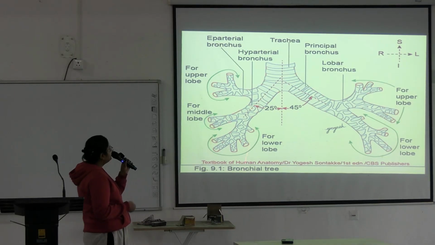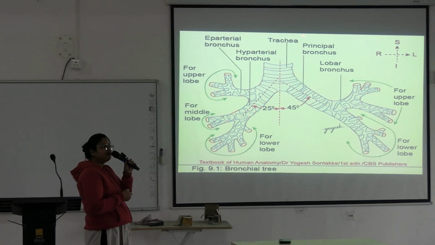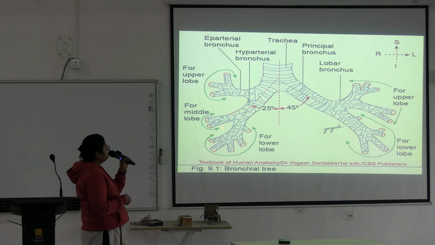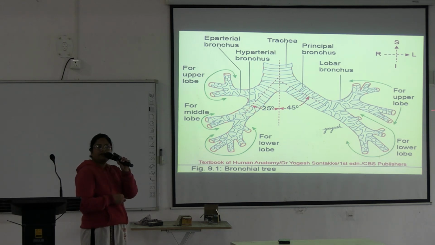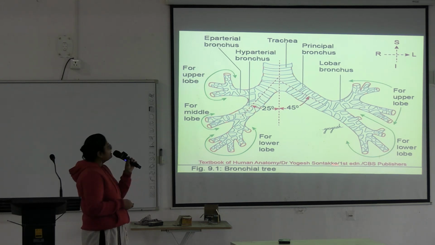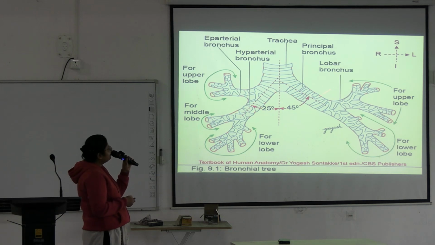Here in the enlarged view, you can see this is the line of the trachea. The trachea is lying in the midline, and the right principal bronchus forms an angle of 25 degrees, that is, it is more in line with the trachea. And the left bronchus forms an angle of about 45 degrees, so this angle is more.